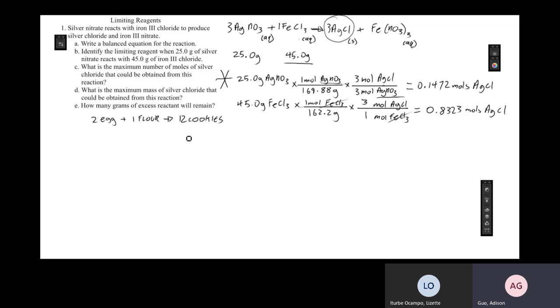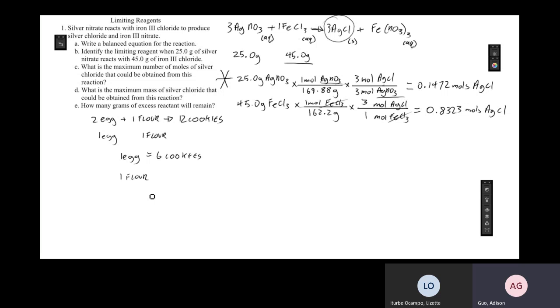Now let's say you have 1 egg and you have 1 flour. If you try to see how much you can make from these ingredients alone, you see that with 1 egg, you could only make 6 cookies maximum, because you need 2 eggs to make 12, so 1 egg is only going to make you 6.